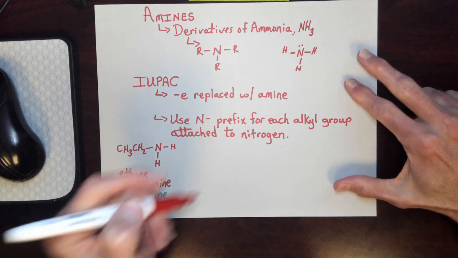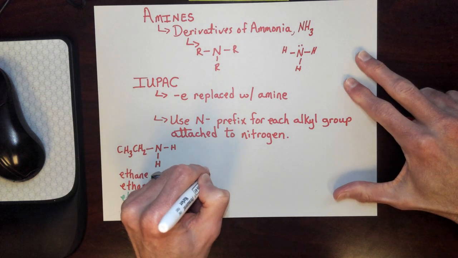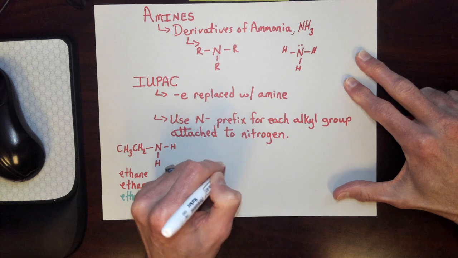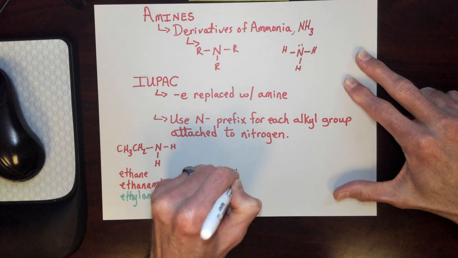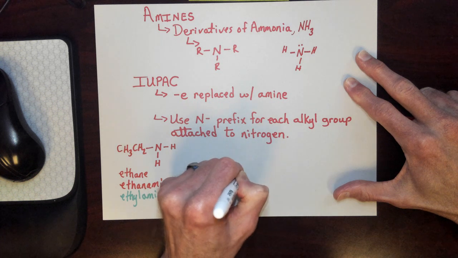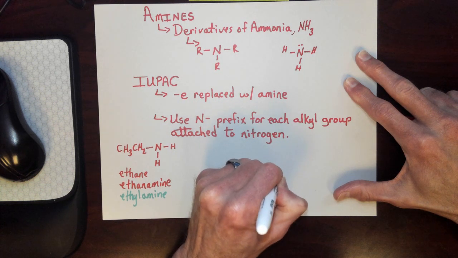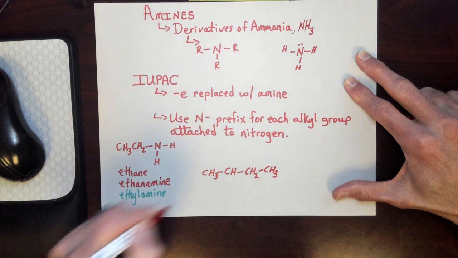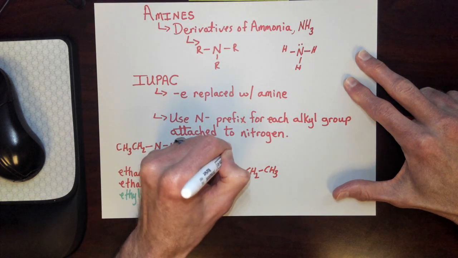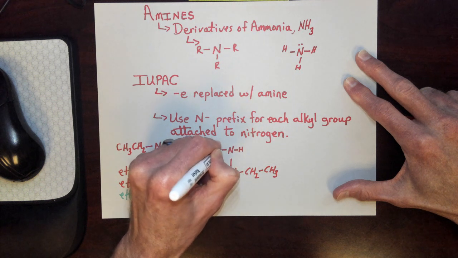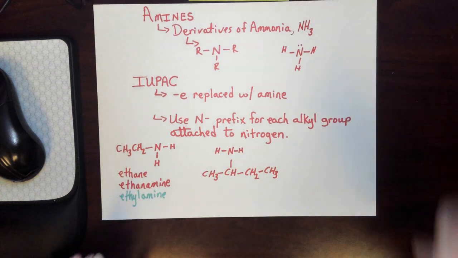Okay, so we have CH3, we have CH2, we have CH3, and let's put our nitrogen here. So we have something like that.